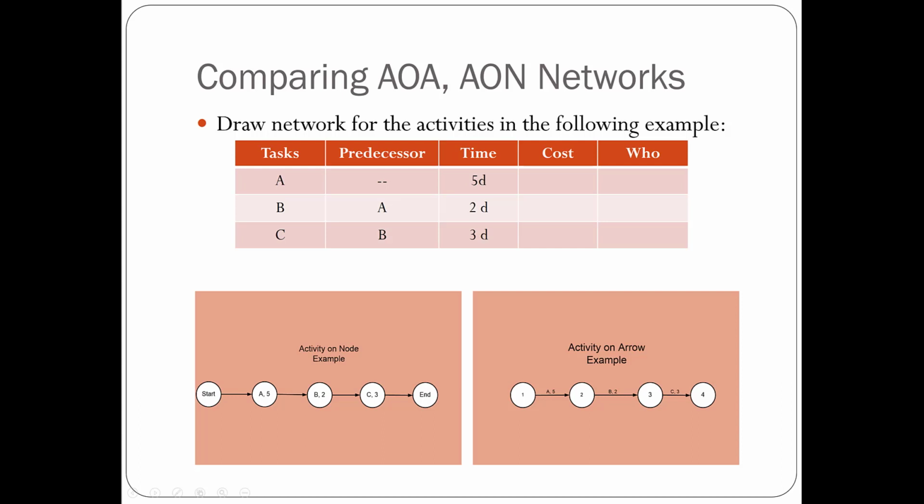And then once A is complete, you can move on to B, which is again denoted on this second arrow here. B lasts 2 days. And then you can move on to C, which lasts 4 days. And in this example here, the node 1 and node 4, remember we use nodes to represent events. So node 1 and node 4 will represent starting of the project and the completion of the project.